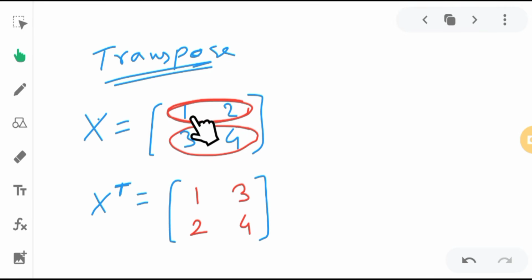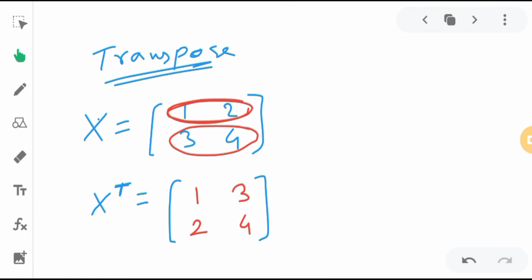So now the elements are like this. Initially the first row was 1, 2. Now 1, 3, then 2, 4. I interchanged the rows and columns: the first row with the first column, the second row with the second column. That is called the transpose of a matrix.